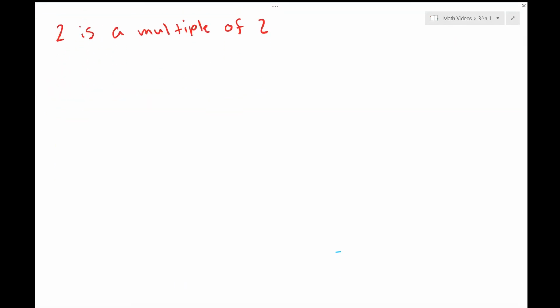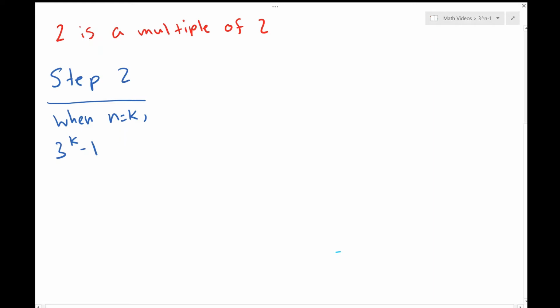Now, we want to assume the statement is true when n equals k, and then use that fact to prove that the statement is true when n equals k plus 1. So we get step 2 here. When n equals k, we get 3 to the k minus 1, right?